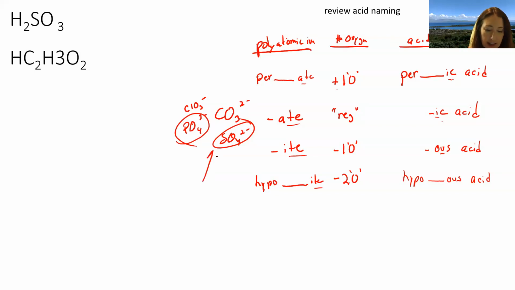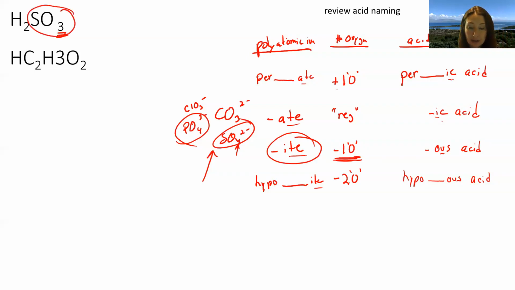Sulfate is SO4 2-. This has 3 oxygens. Sulfate has 4. I have lost an oxygen. This polyatomic is sulfite. Ites become ous's, so this is sulfurous acid.